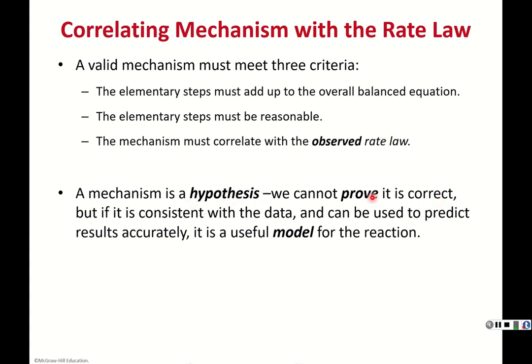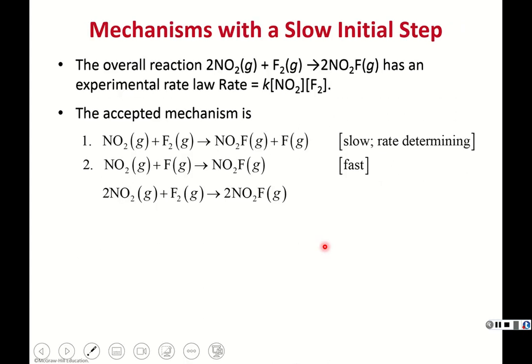You can't really prove it is correct, but if it's consistent with the data and can be used to predict results accurately, it's then a useful model for that reaction. Okay, so we can never really prove these mechanisms.